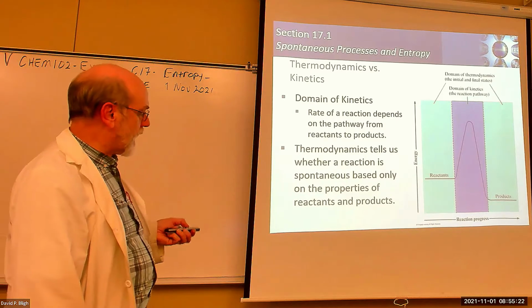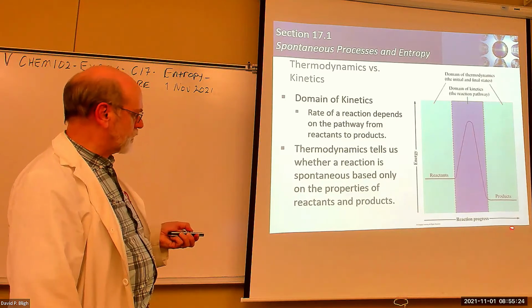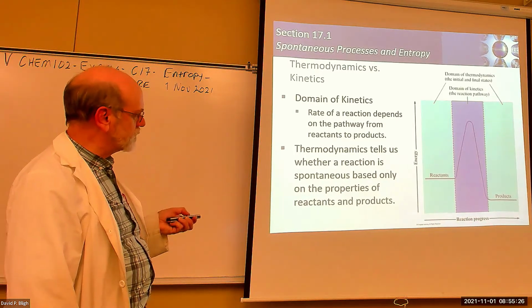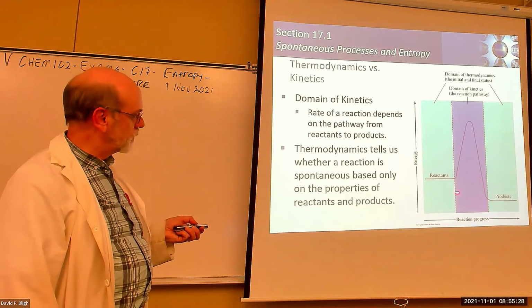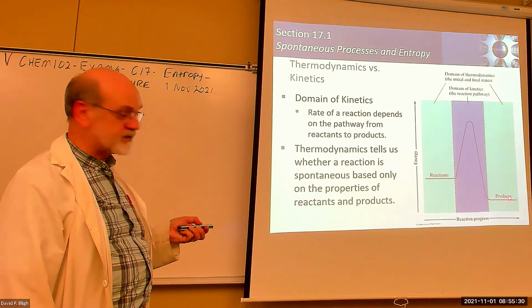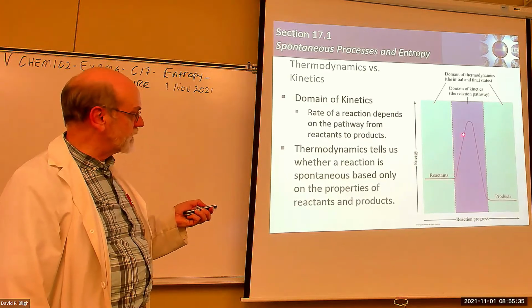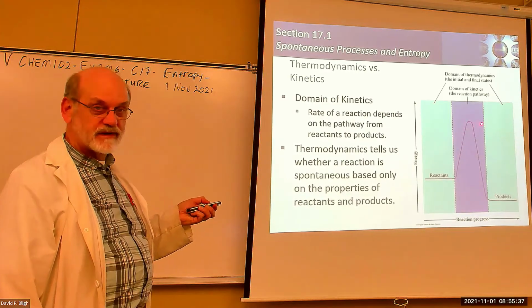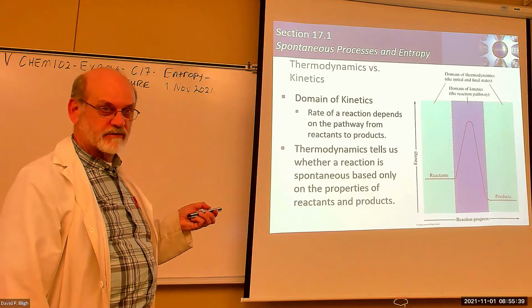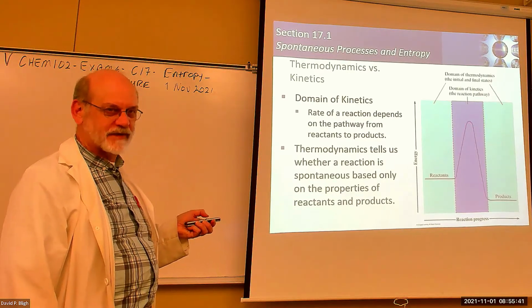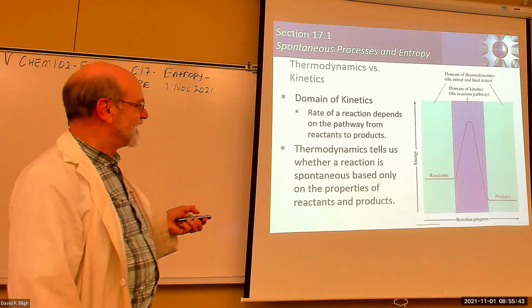When we look at a reaction, remember this general reaction progress and energy diagram. We have reactants here and products here at these different energy levels. And then you have to add enough energy to get them over that hump. Activation energy. Recall that a little bit.